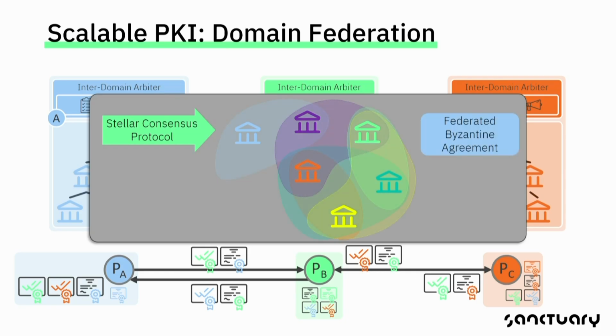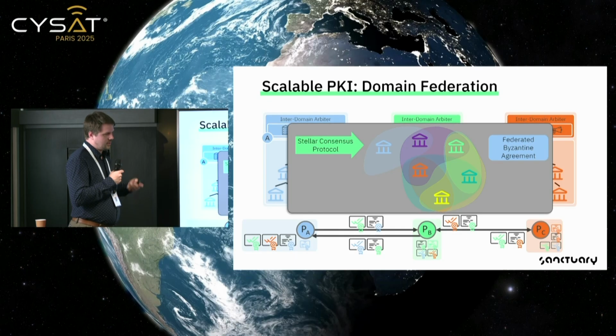Another nice thing about this approach is that you don't even need direct trust relations between all the different domains. With 3, of course, it's possible. But if you think about bigger systems and an internet-like system where you have many entities, you need something that scales better.